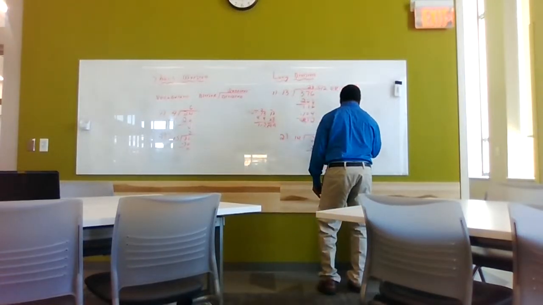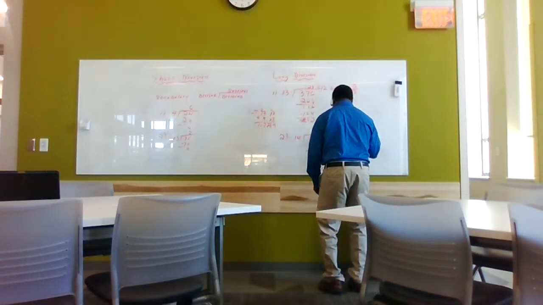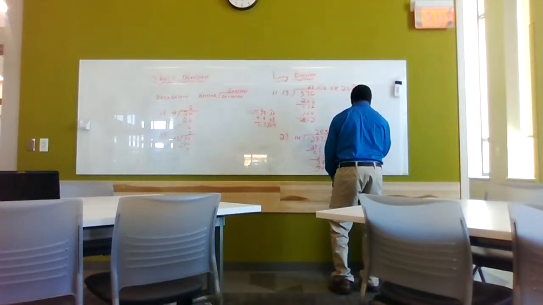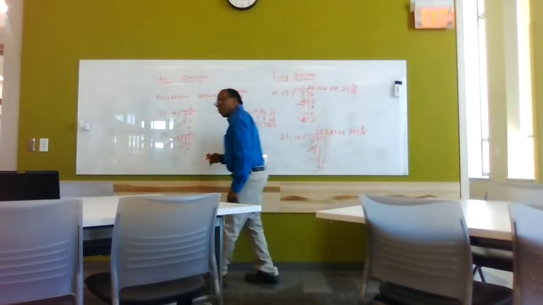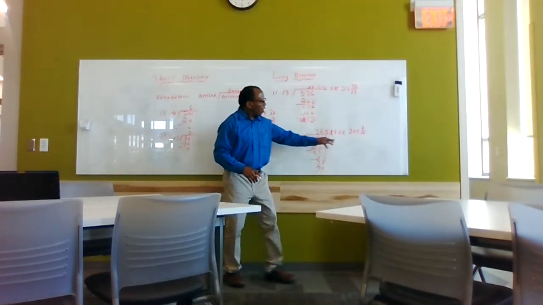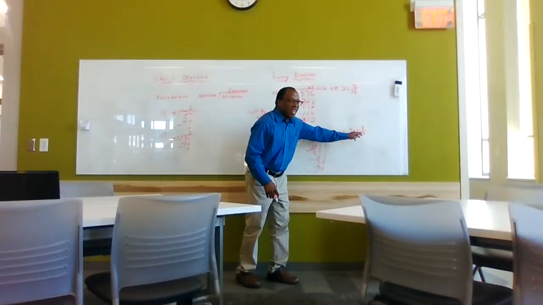I can write 205, but my remainder, which is 8 right here, over my divisor. Now, in most textbooks, they want this fraction to be reduced.